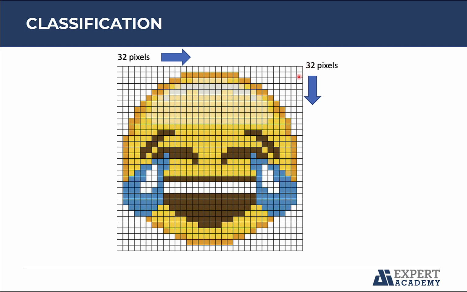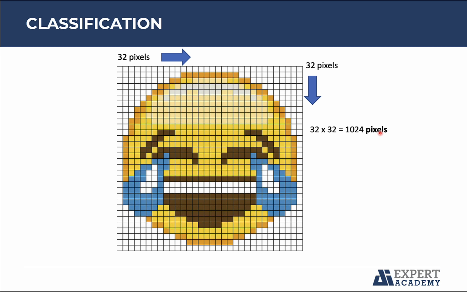If you count, you are going to see that there are 32 by 32 pixels. We can multiply 32 by 32 equals 1024 pixels.